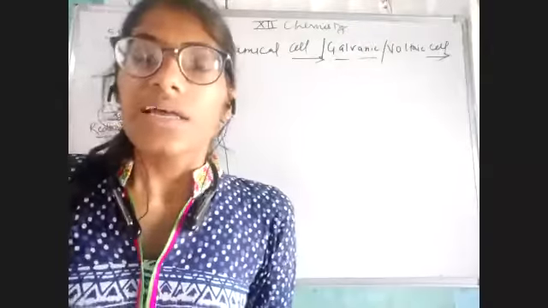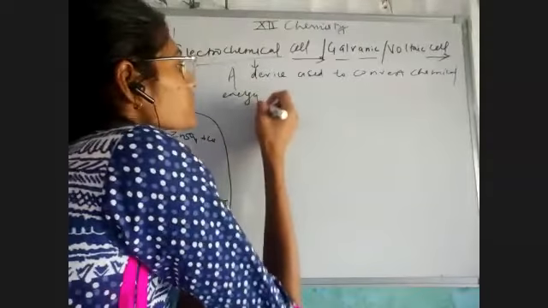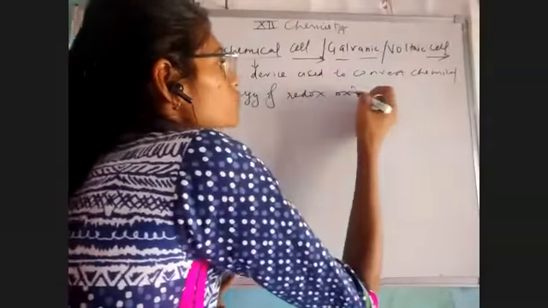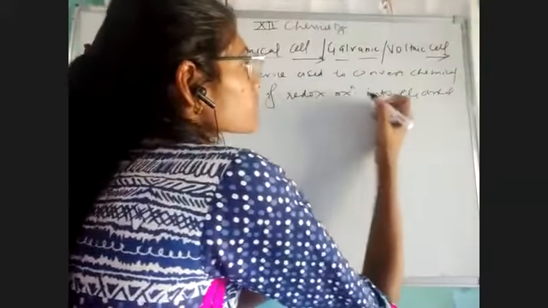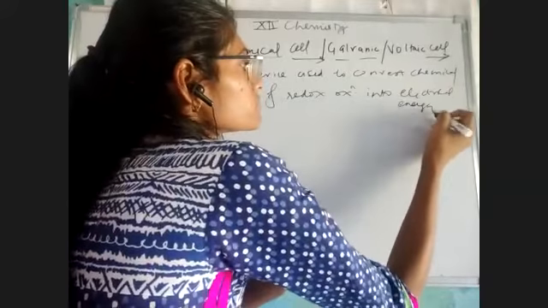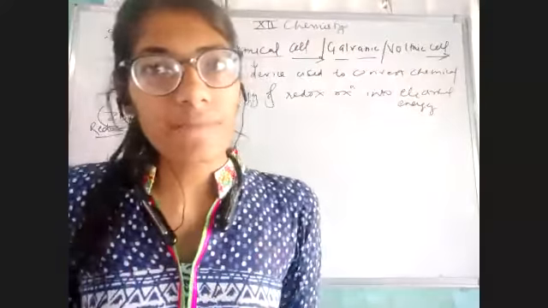I'm repeating it again. This electrical energy we can easily use for other purposes like a fan, geyser, or motor. So that's why we use the electrochemical cell.